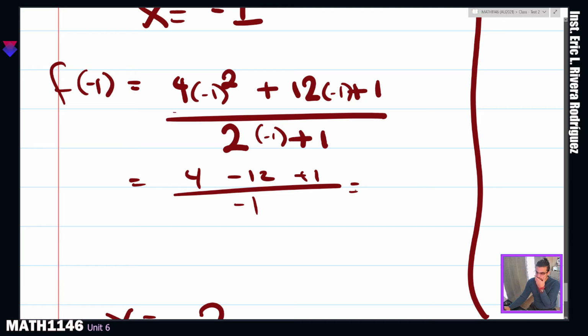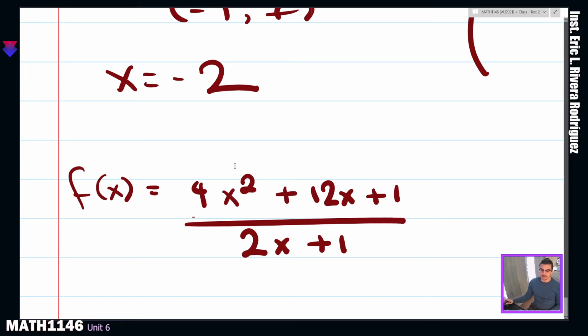So this is going to give me negative 8, negative 7, positive 7. Okay, so that point is negative 1, positive 7. So 4 minus 12 is negative 8, plus 1 is negative 7. All that over negative 1 is positive 7.